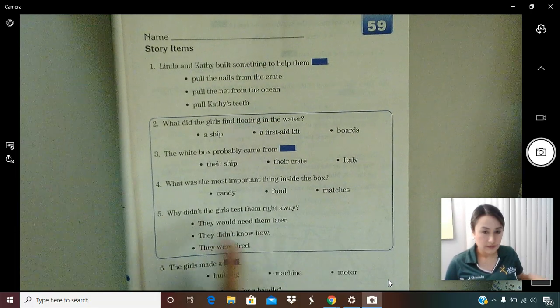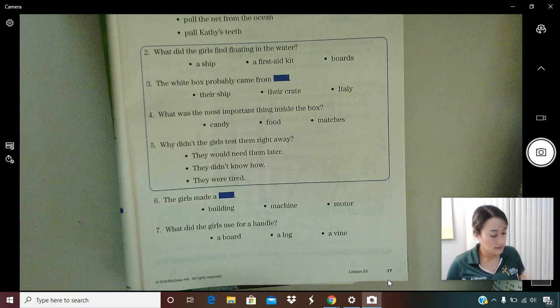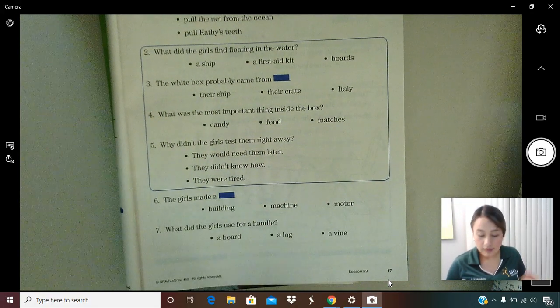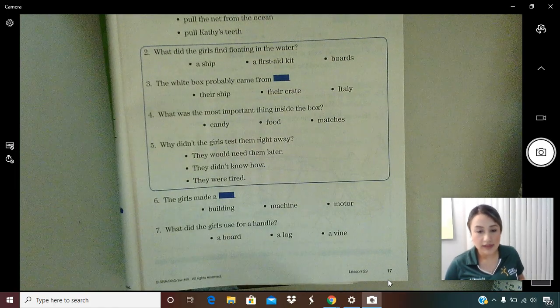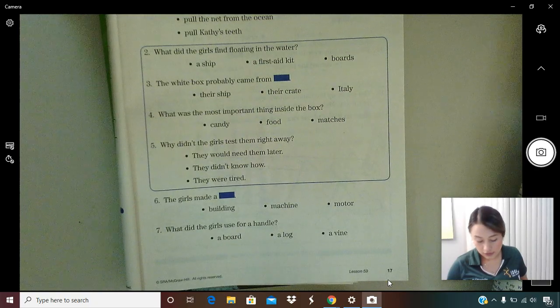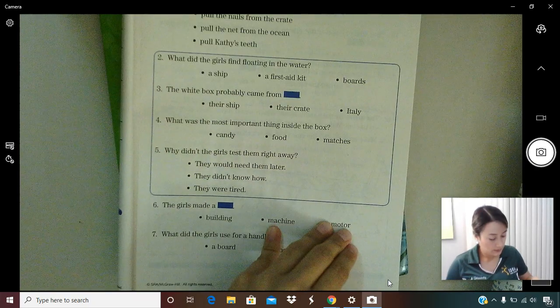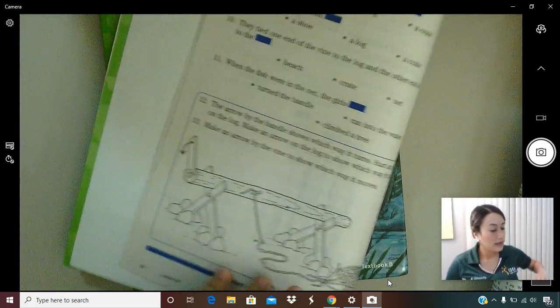The first one. Number 6, the girls made a? Your answer is machine. Number 7, what did the girls use for a handle? Your answer is a board. Turn the page. Number 8.